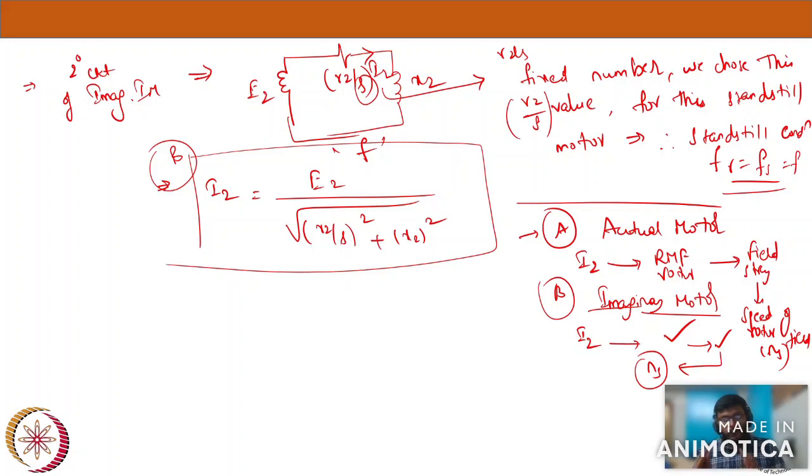So now you tell me, let's go back to our stator. I have placed a stationary observer on the stator of my actual motor, and I have placed a stationary observer on my imaginary motor. Now these two stationary observers are observing the machines. One person is observing the actual running machine, and the other stationary observer is observing the imaginary standstill machine.